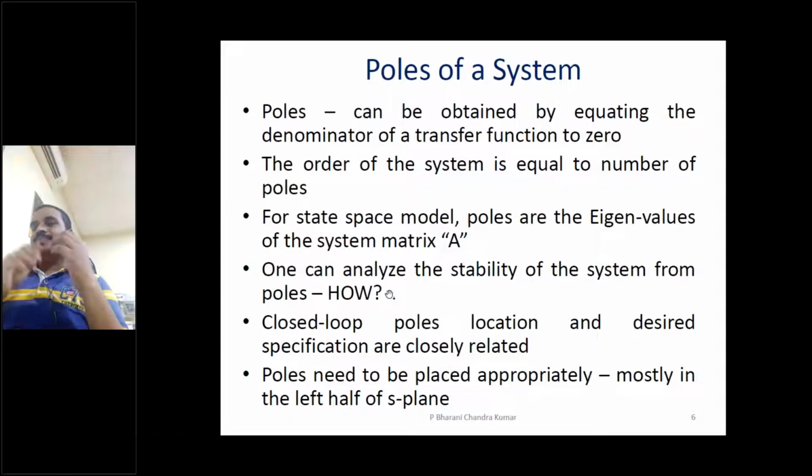In other words, if you keep the poles at minus infinity, your system responds within 0 seconds and you can get the desired settling time. But that is theoretical. Practically, if you keep the poles very far away, the system will be very fast, but from the frequency domain point of view, the bandwidth will be very large.